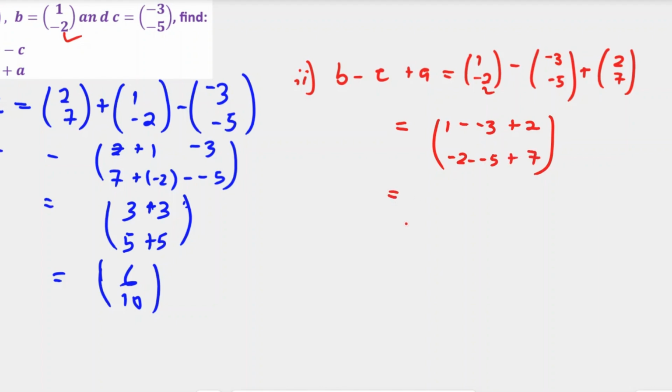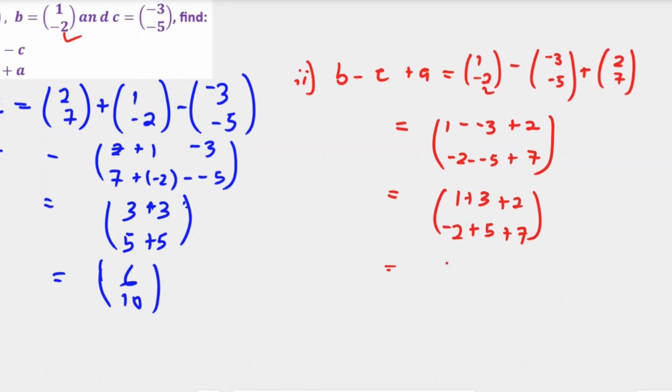So let's compute this arithmetic. 1 minus negative 3 is going to be 1 plus 3. So let me just simplify it here. 1 plus 3 plus 2. Let's come to the y component. That's going to be negative 2 minus negative 5, which is negative 2 plus 5 plus 7.